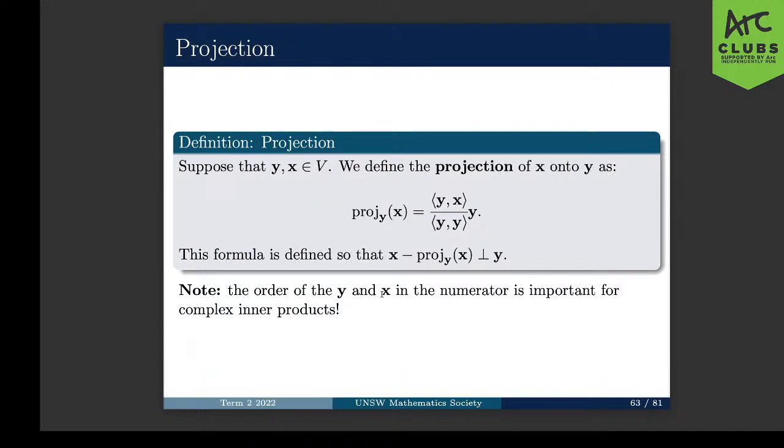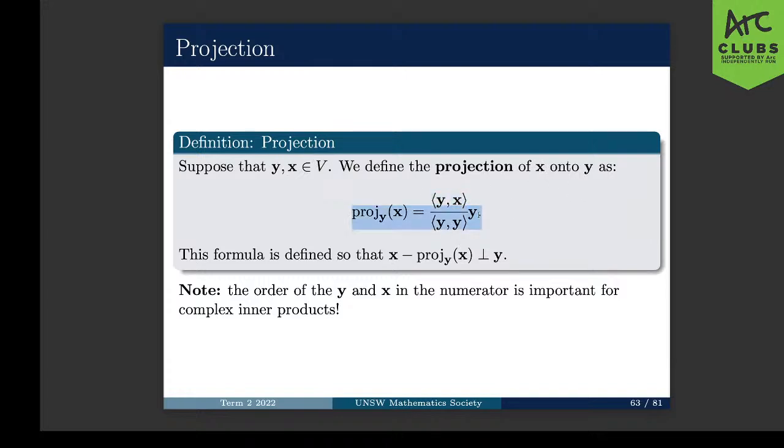Okay. Also, we get the projection from Rn as well. It generalizes with inner products. If we have y and x inside a vector space, we say the projection of x onto y is this.